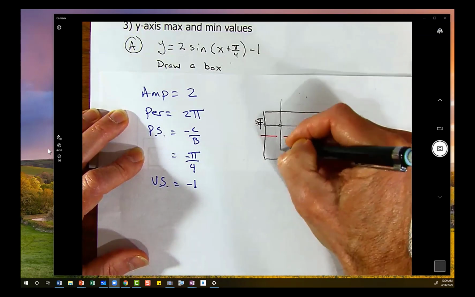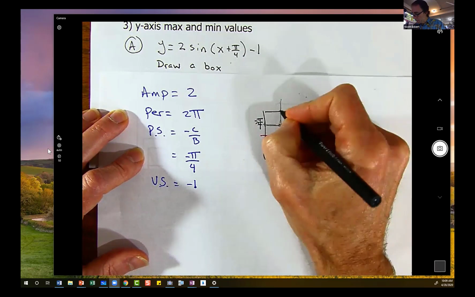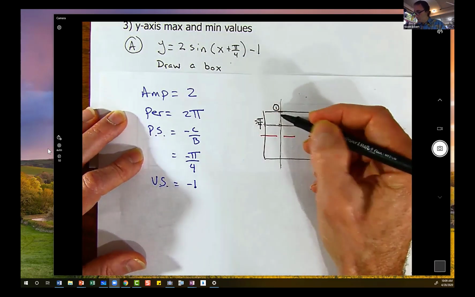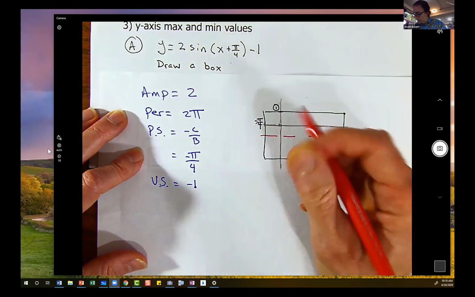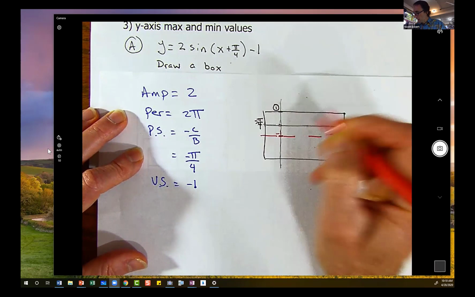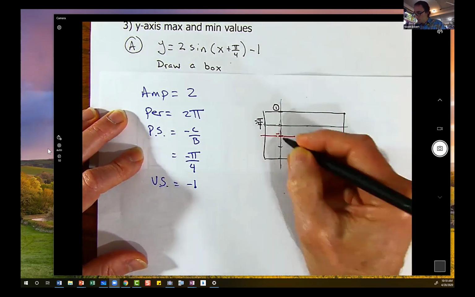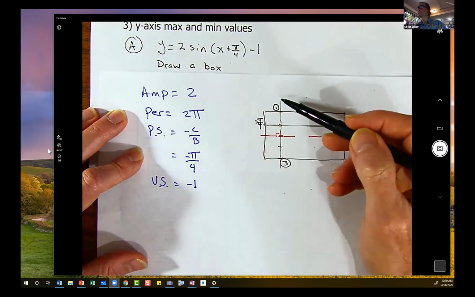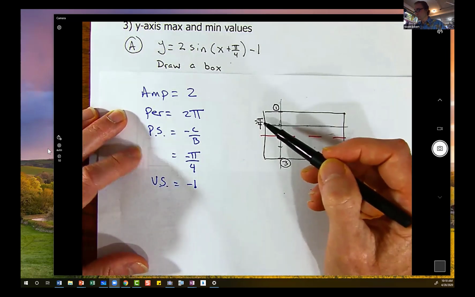One. Right. So up here, I'm going to put my y number 1. And the amplitude is 2. So I went down 2 to -1. That's the midline. And then I went down -2, -3. There's the bottom of the box. So I clearly marked the amplitude and the period and then the phase shift.